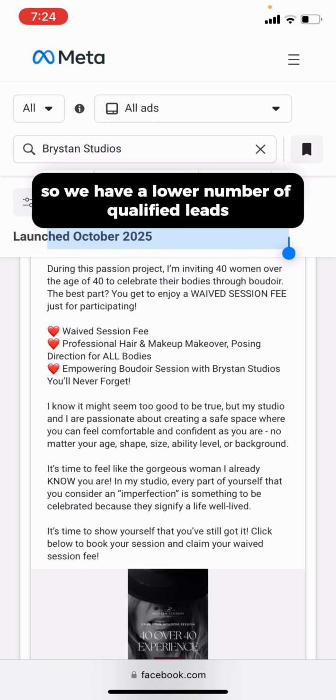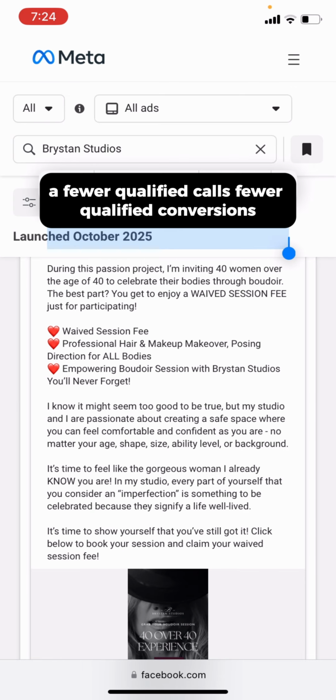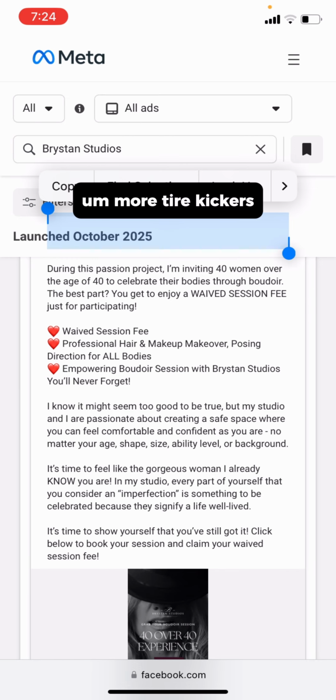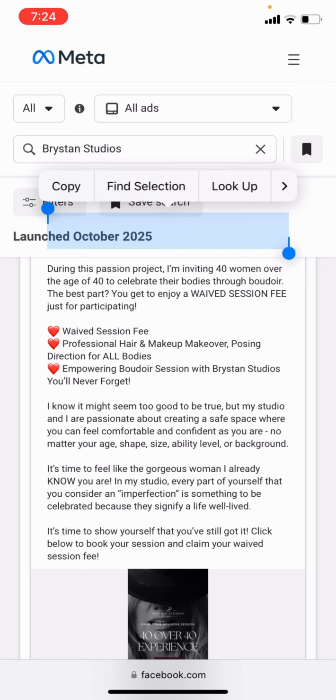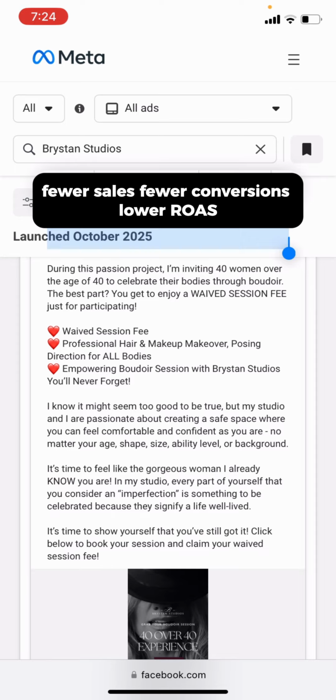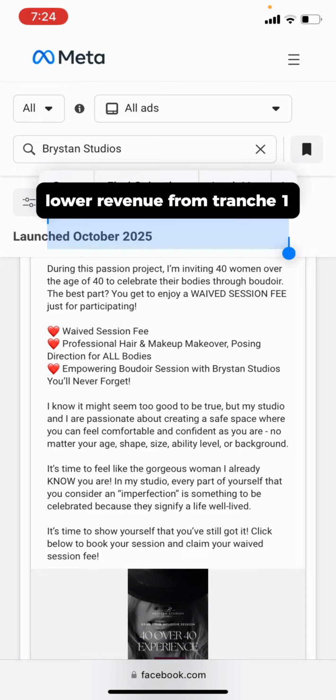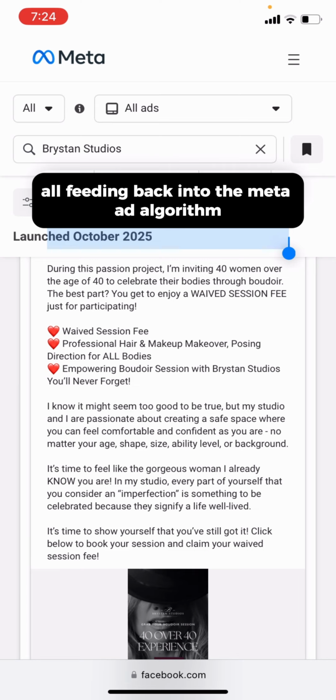So we have a lower number of qualified leads, fewer qualified calls, fewer qualified conversions, more tire kickers, more price hunters, more ghosting, fewer sales, fewer conversions, lower ROAS, lower revenue from tranche one, all feeding back into the Meta ad algorithm.